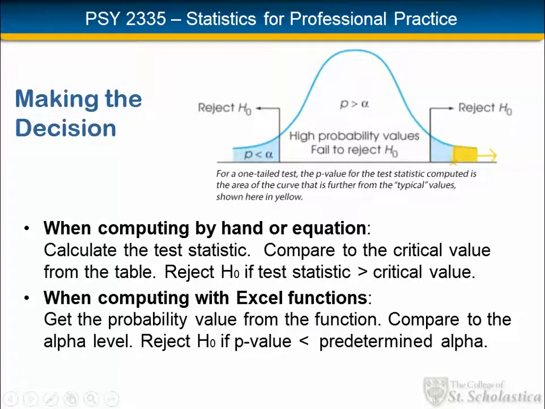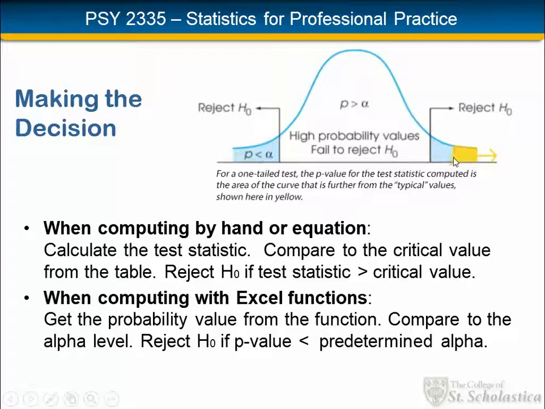Once we make the decision, we can also say, what is the exact probability of getting the result that I found? So in this situation, I'm looking again at my t curve, and say I had a t statistic that fell at this point.